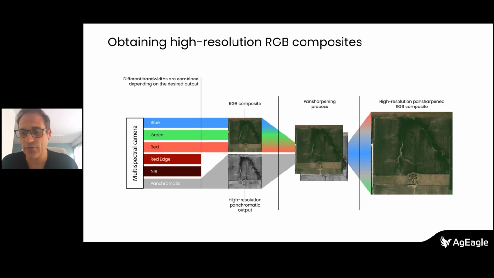So with this technique, what you could get is comparable to a 12 megapixel RGB camera, but because the contrast is so much higher, you can easily compare it with a 20 megapixel RGB camera, in terms of analysis and visual interpretation of the images.